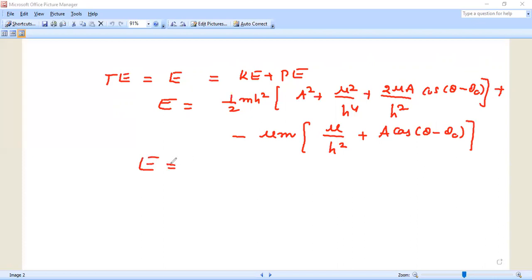In these two terms, let us take the common of m h square.